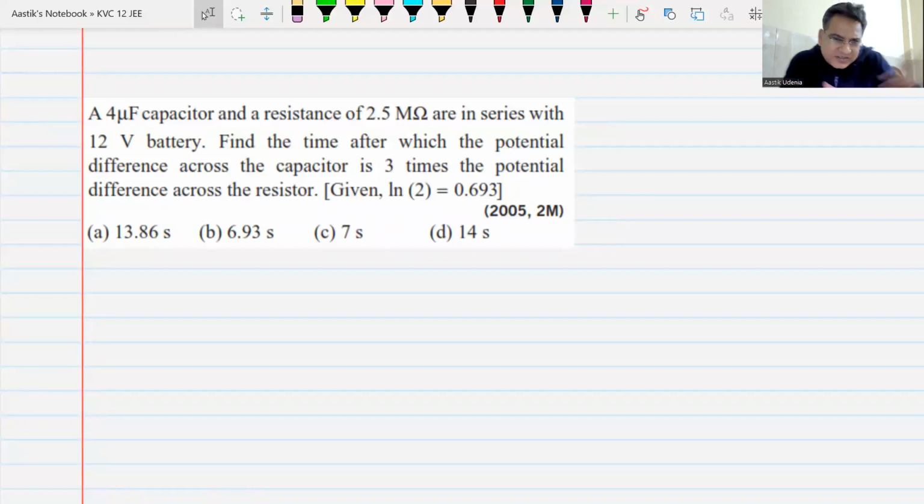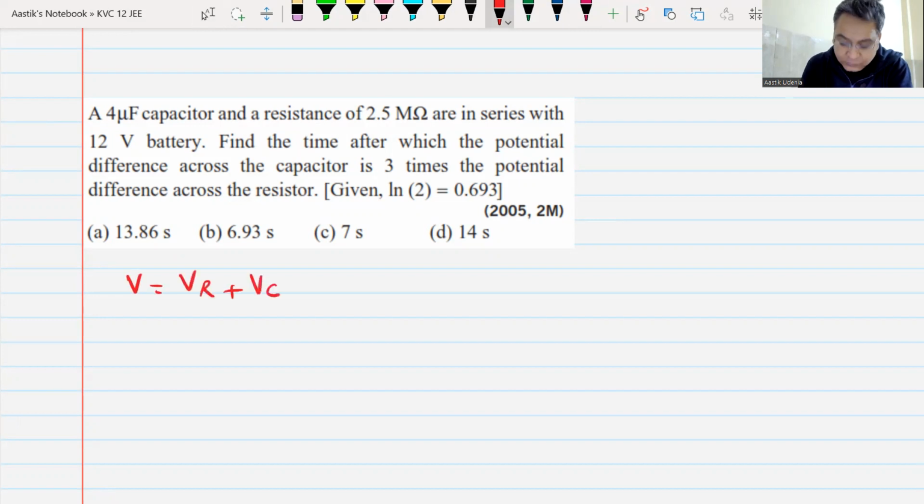Calculation mistakes happen here and there. Anyways, how you have to do this? We have already told you that the total potential drop, the battery voltage, is equal to VR plus VC. Yes or no? The value of V naught is VR plus VC. What is given is VC is 3 times VR.